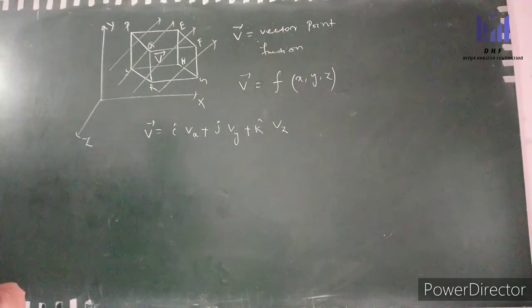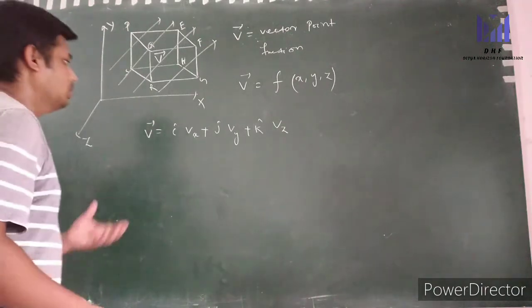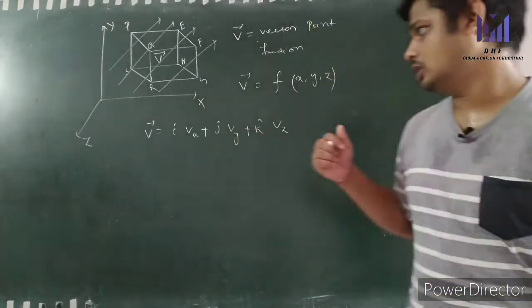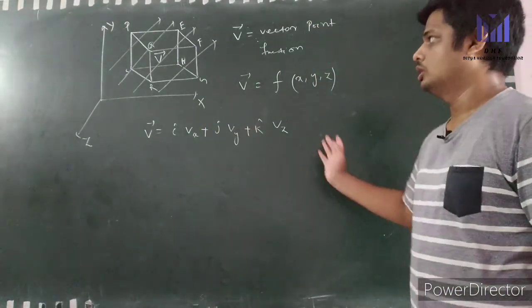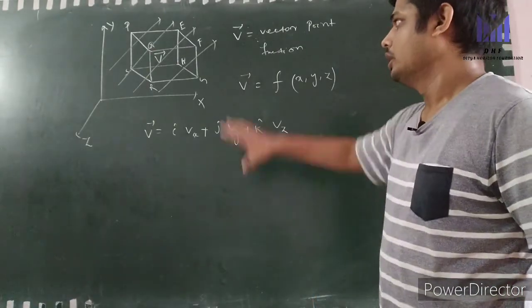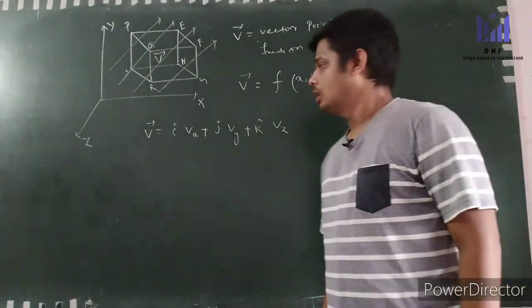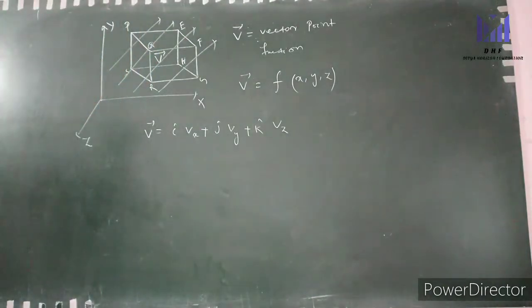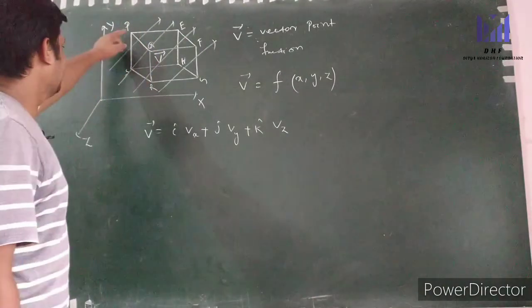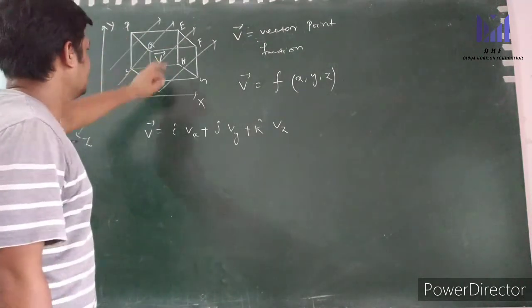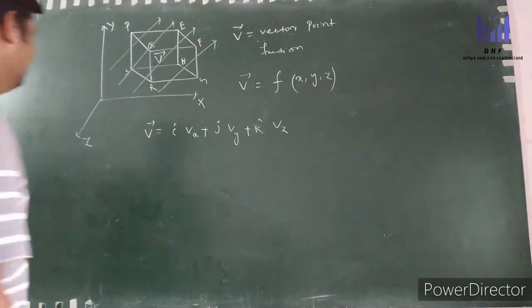Let us calculate the flux due to this vector point function throughout the whole cuboidal volume. First, we start by calculating the flux between the PQRS surface and the EFGH surface.